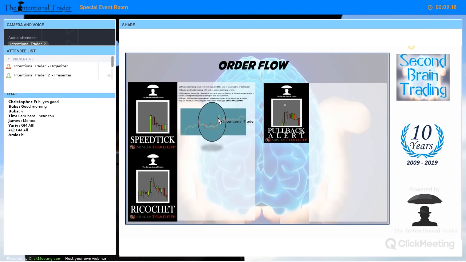We don't have the hardware or the size accounts to move the market and run transactions through the exchange that fast. So this is what we're looking for. You'll see a speed tick. It's this little arrow right here, and I'll show you more about each of these indicators in a few minutes.